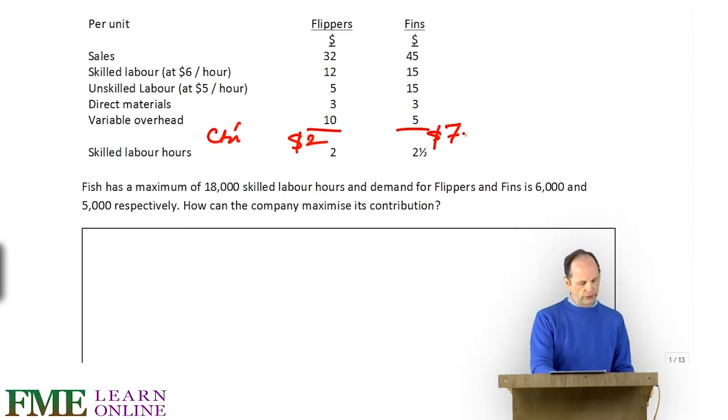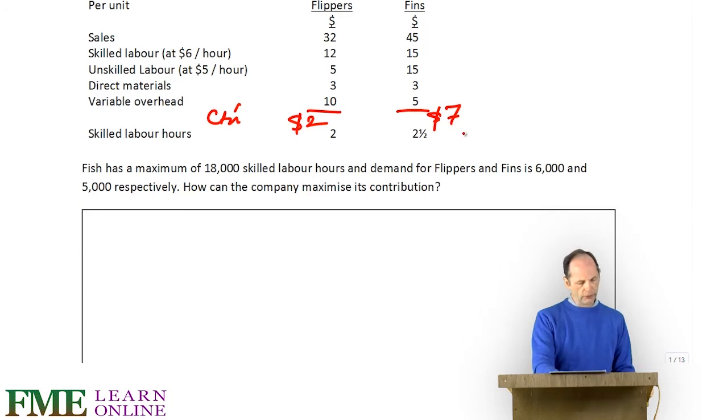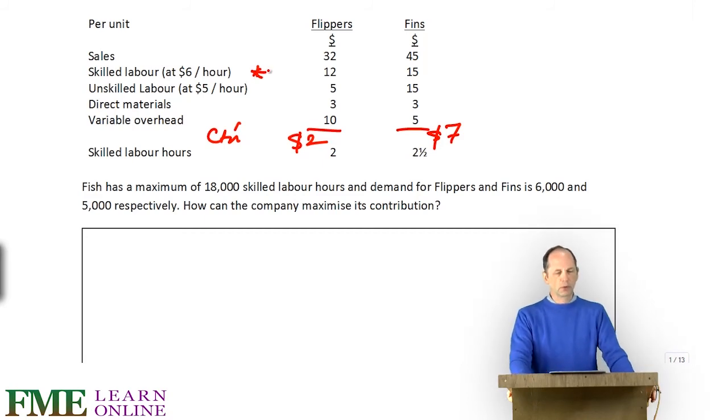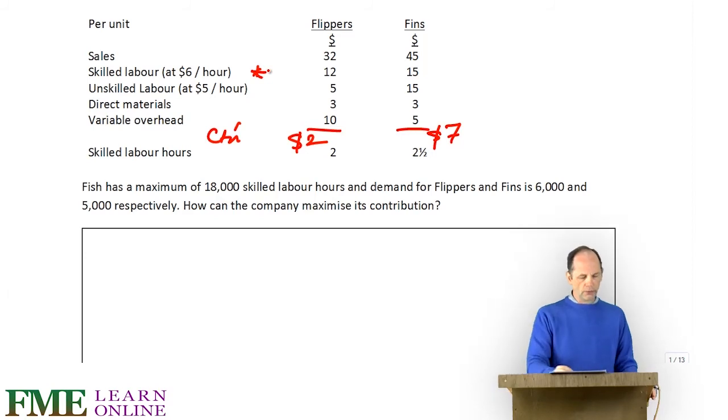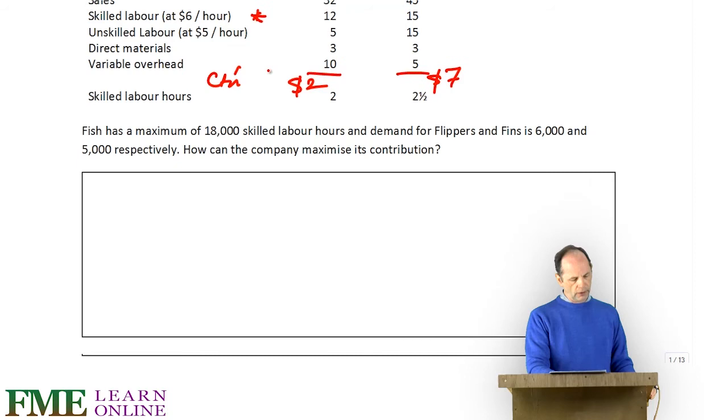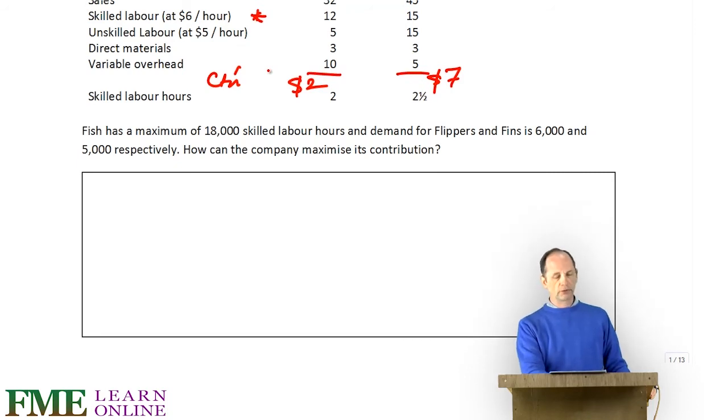And we can also see the skilled labour hours are 2 and 2.5 in the flippers and fins, although actually we could have worked it out from that line. We could have divided by 6 and got 2 and 2.5 hours. We've got a maximum of 18,000 skilled labour hours, and demand for flippers and fins is 6,000 and 5,000 respectively.